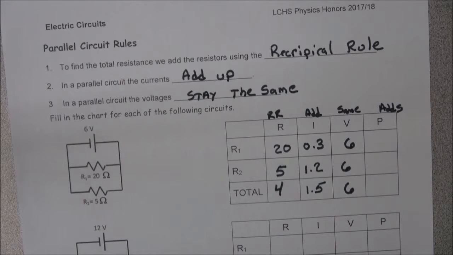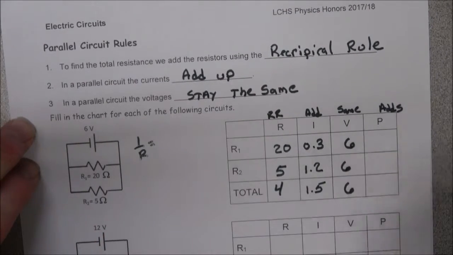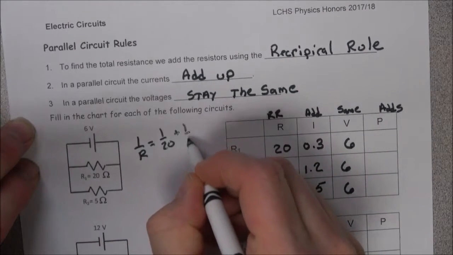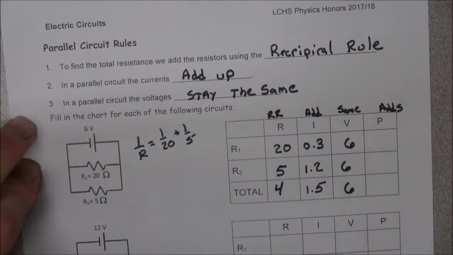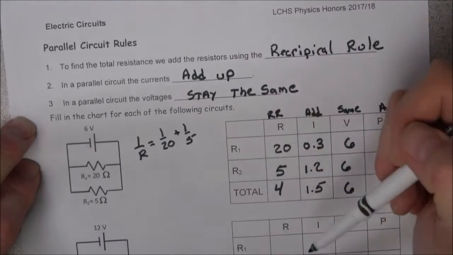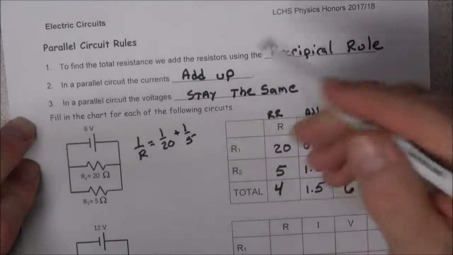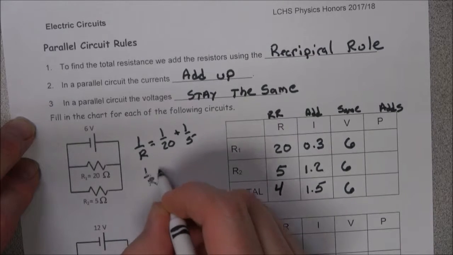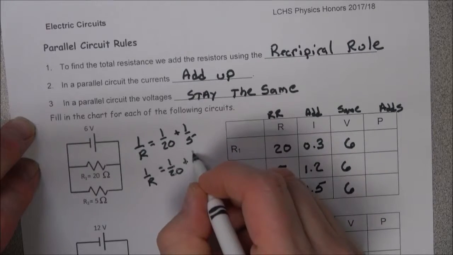Okay, now let's check our resistance using the reciprocal rule. So we know that 1 over R is going to equal 1 over 20 plus 1 over 5. Now there's a lot of ways we can solve this. We could do this all in our calculator, but if we want to just add the fractions, we could do that. So the lowest common denominator is 20. So 1 over R equals 1 over 20 plus 4 over 20.